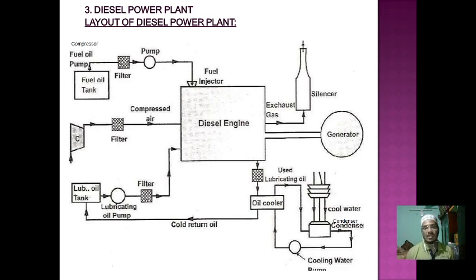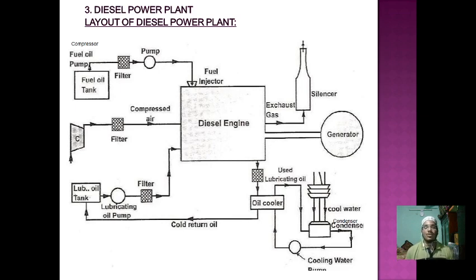Then the last one is exhaust gas. Whatever burnt gas is in that cylinder goes out of the cylinder through the exhaust valve and then the silencer. Then it goes to the atmosphere.